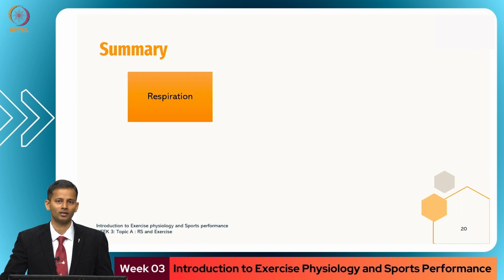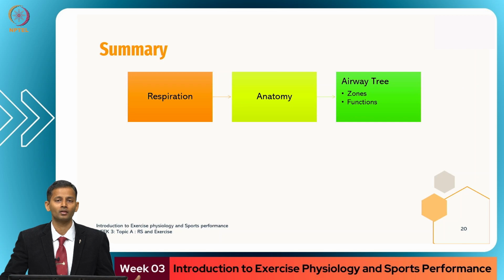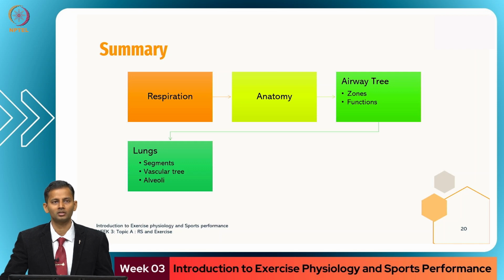To summarize, at the end of part 1, we dealt with the definition of respiration and the stages of respiration. We saw the anatomy of the lungs, the anatomy of the airway tree and the bronchial tone, the factors that control the bronchial tone, and the different zones, the conducting zone as well as the respiratory zone, and their function.